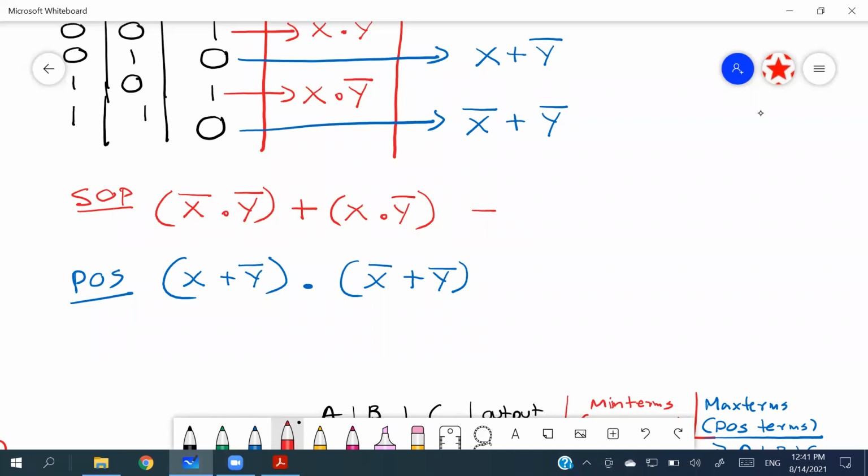Now, regarding the SOP, you have a multiplication over here, and another multiplication over here. So what can we do? Y bar is common in these two places. So take y bar out. So I'm taking y bar out.